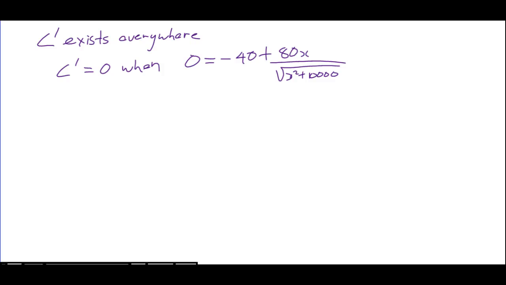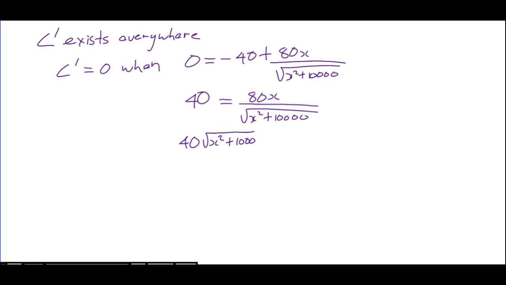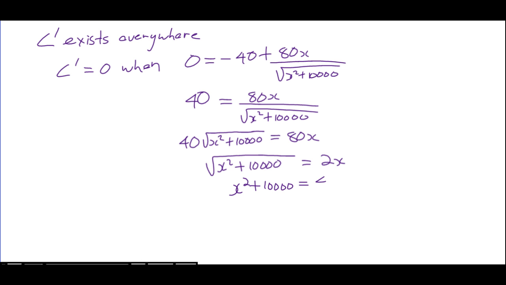So let's move the 40 over, and let's cross multiply, and divide by 40, and square both sides, and solve.